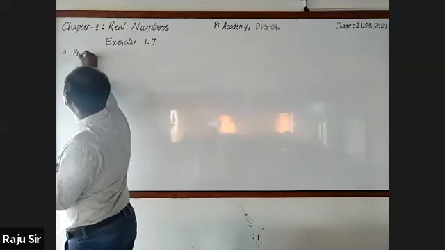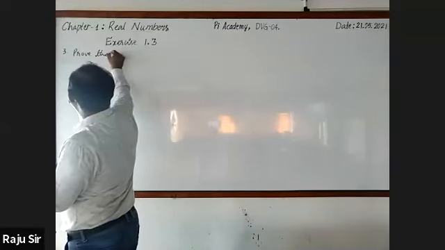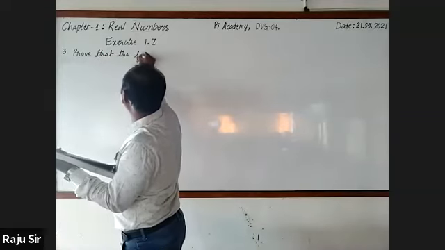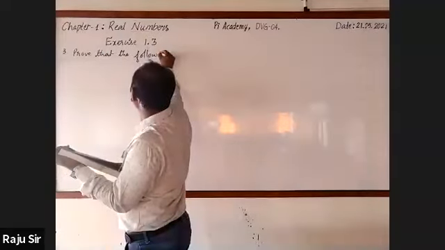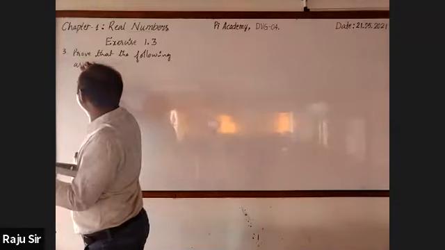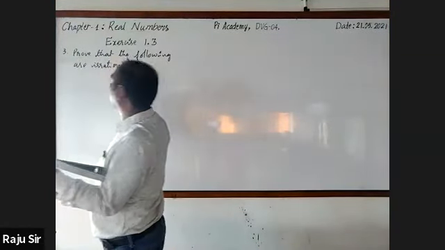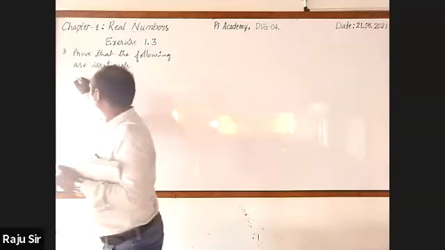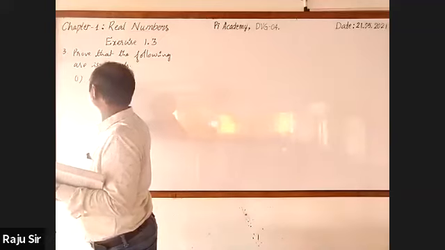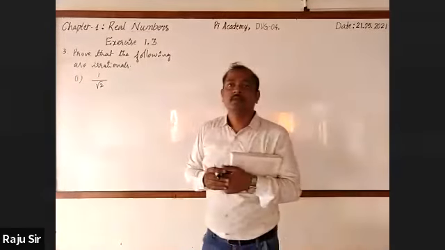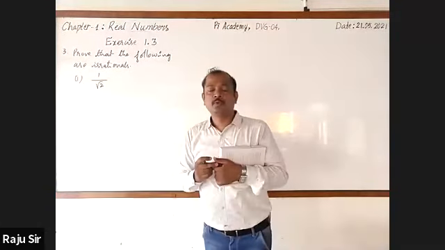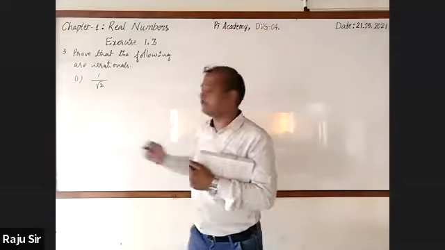Prove that the following are irrationals. First one is very simple. It is 1 by root 2. Go for proving this as quick as possible.